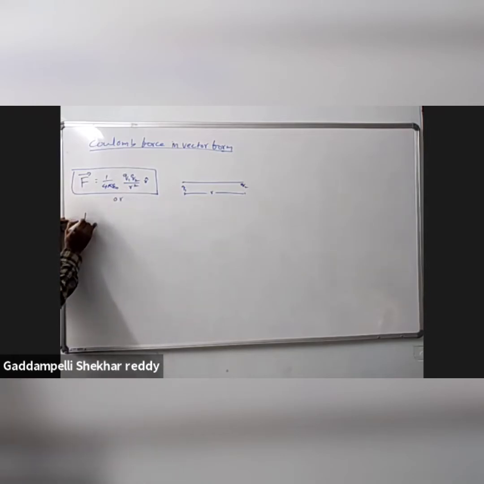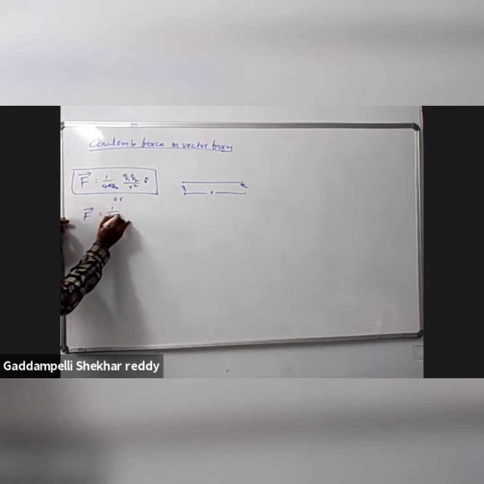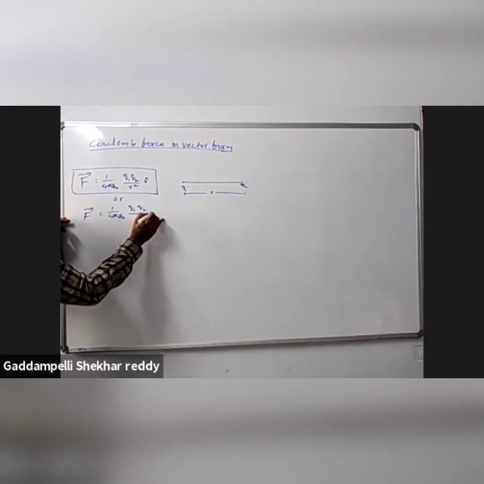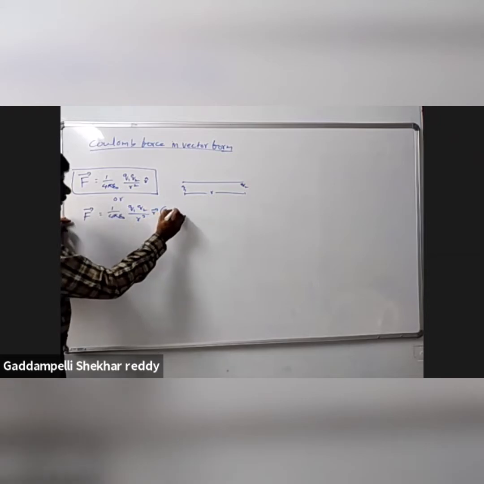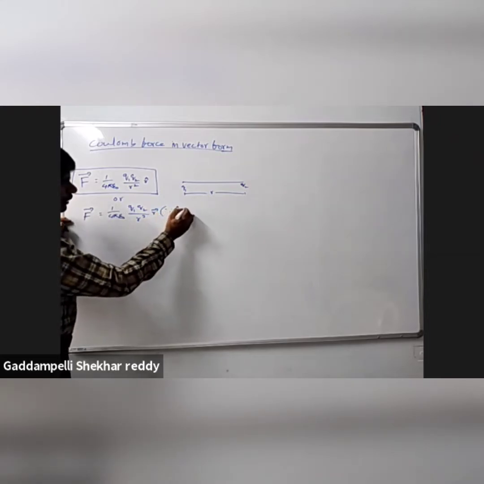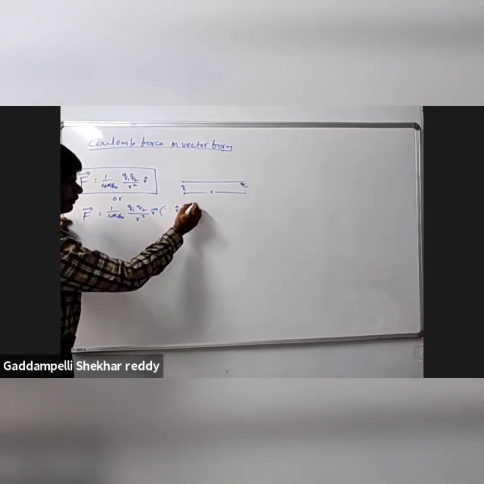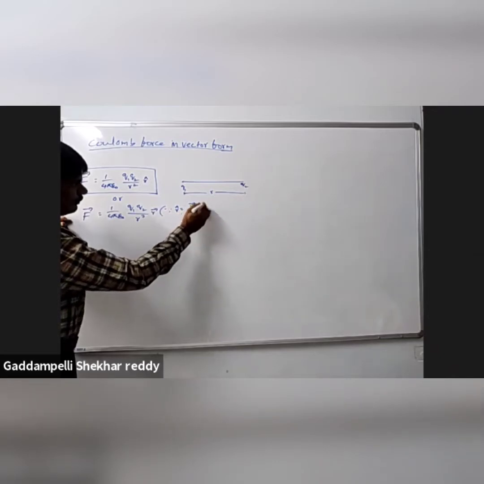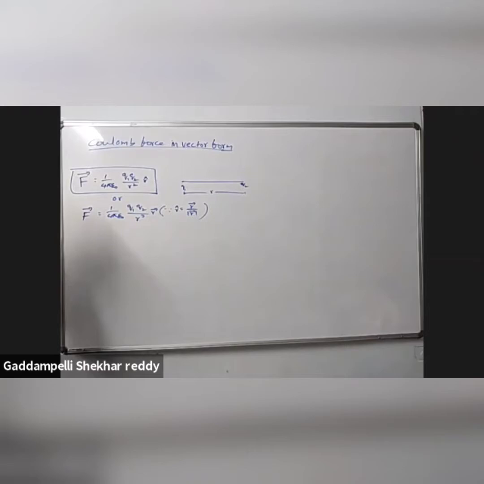Or, F bar is equal to 1 by 4 pi epsilon naught, Q1 Q2 by R cube, R bar, since R cap is equal to R bar by mod R bar.